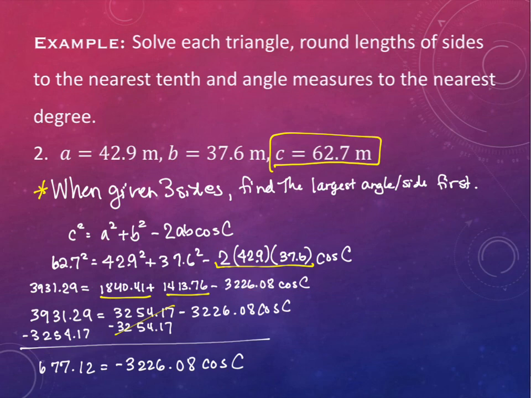I'll divide by my 3200 number, and it's negative, right? So I need to divide by a negative 3226.08.